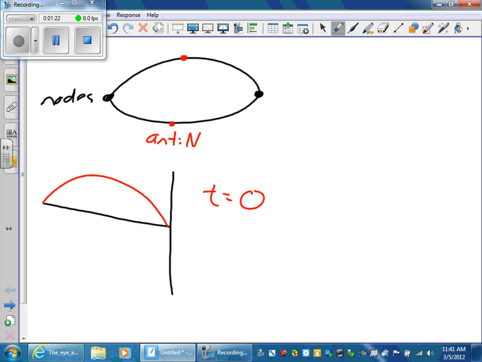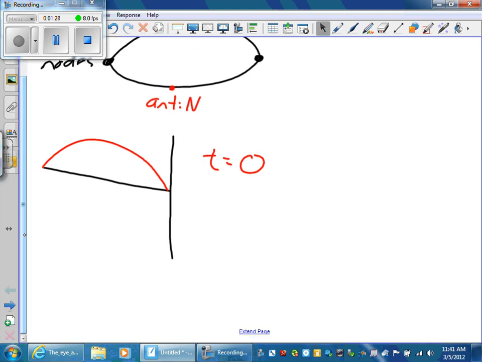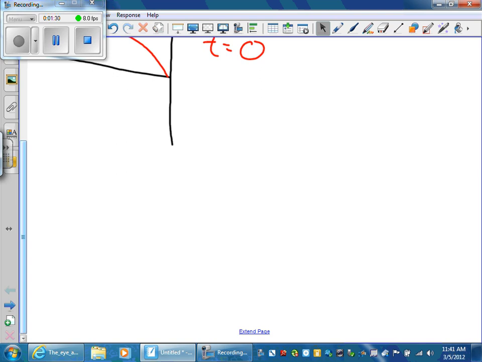What happens whenever it hits the wall? It's reflected back, and what's it going to look like? It's going to be upside down. What's that phase we talked about? Pi, right? Inverted, 180 degrees out of phase with what we sent.